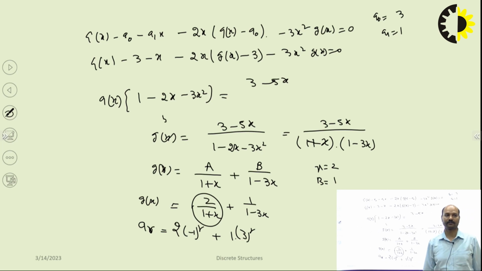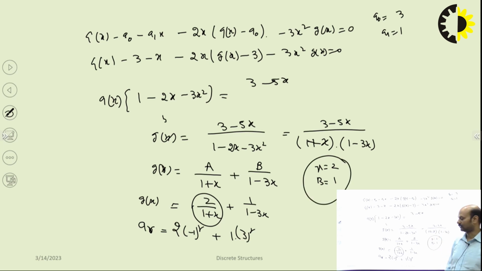Then after substitution, take g(x) as common and other things aside, and what is the formula of g(x)? This. Then after that, the calculation of the partial fraction coefficients, and then we use the closed formula and convert that into the solution, that is a of r is equal to 2 times minus 1 to the power r plus 1 times 3 to the power r. Okay, thank you.